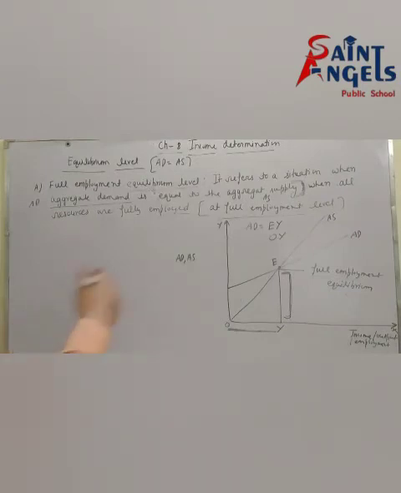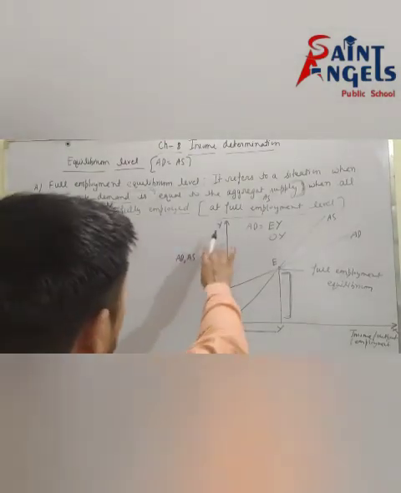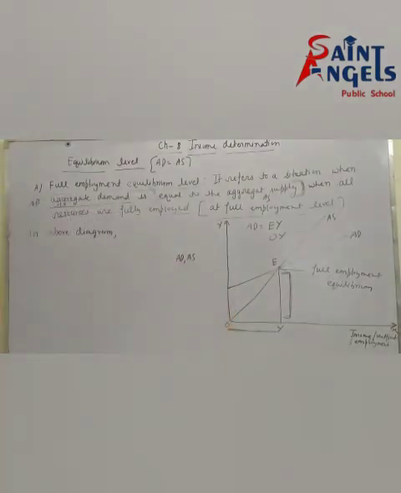Now in the above diagram, AD and AS are measured on the y-axis, and income and output are measured on the x-axis.